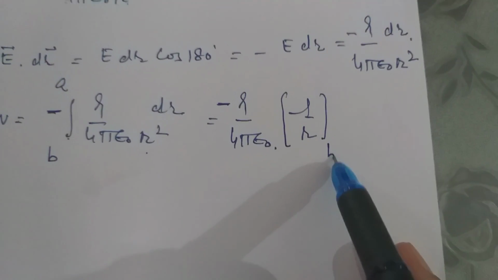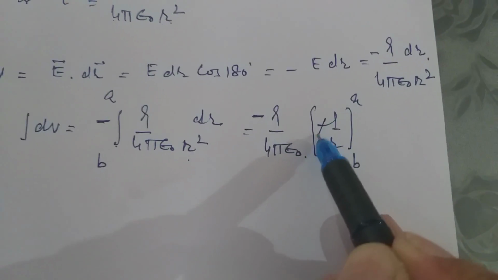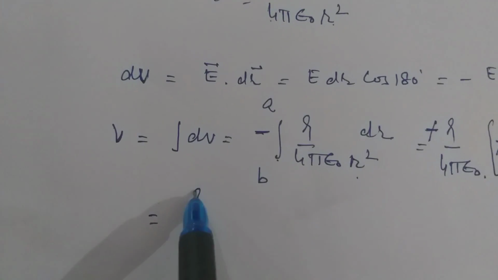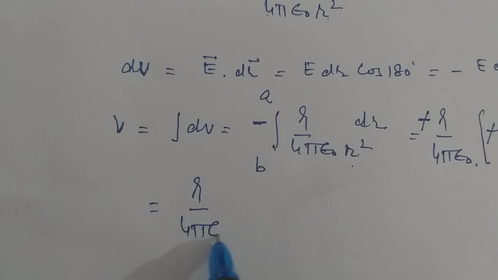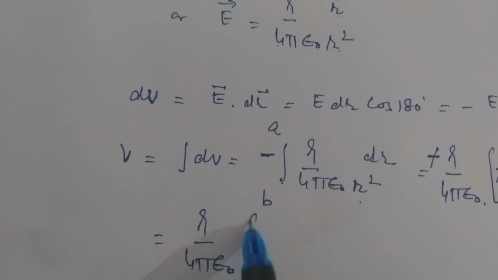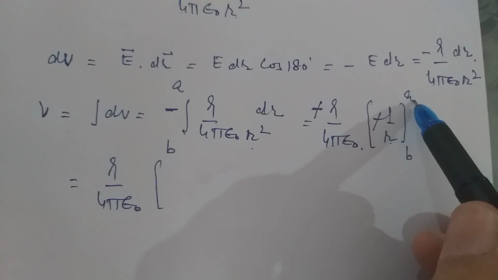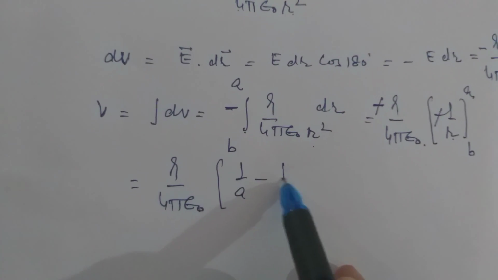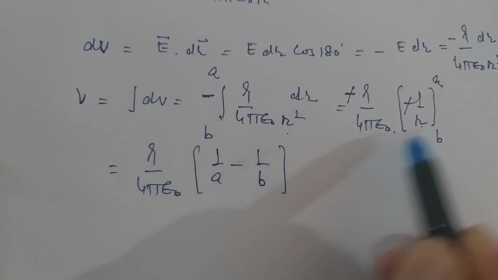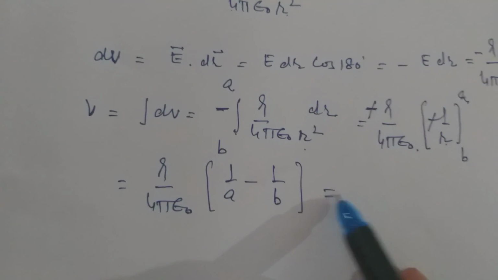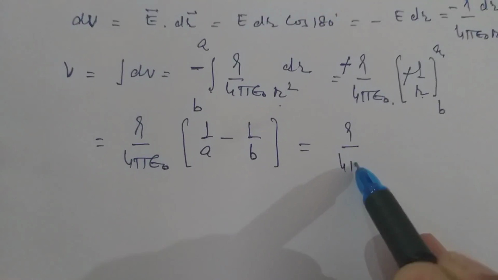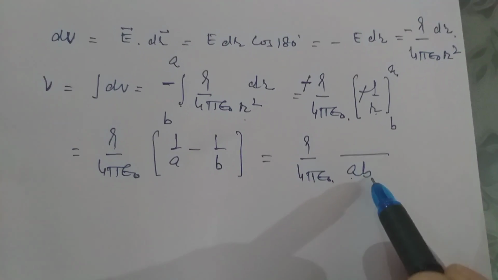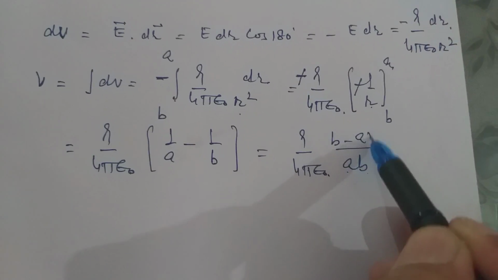So with limits from B to A, minus sign is cancelled with minus sign, so V is Q upon 4 pi epsilon naught into upper limit of R is A, so it is 1 over A minus 1 over B, as lower limit is B, or it is Q upon 4 pi epsilon naught AB, it is LCM, so it is B minus A.